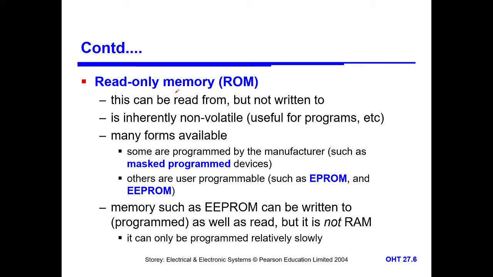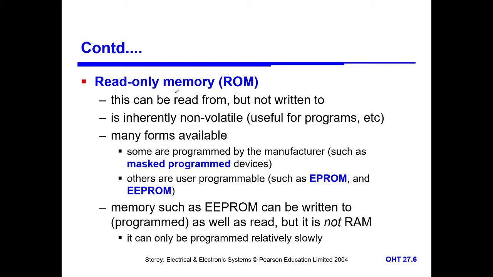Those instructions stored in the memory make it a masked ROM. Others are user programmable. That means the user can define some set of instructions, in erasable and electrically erasable programmable read-only memories.